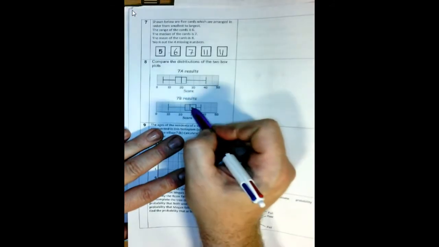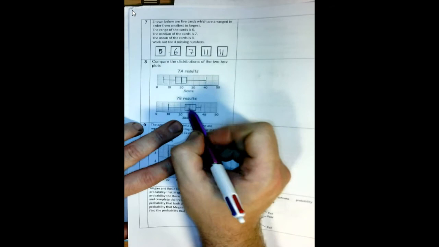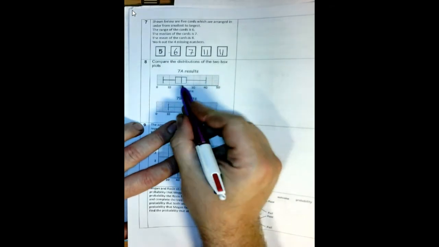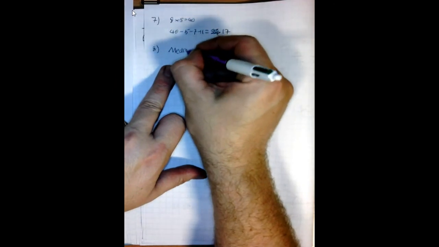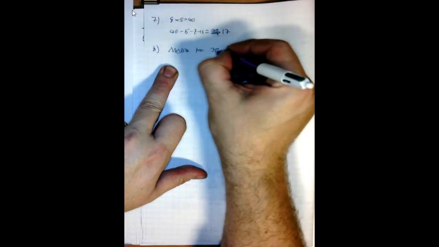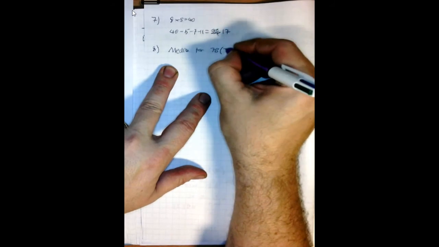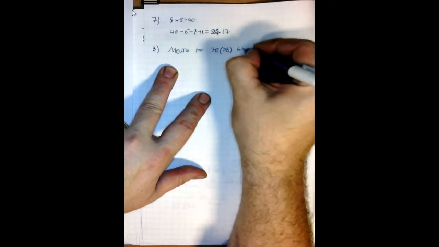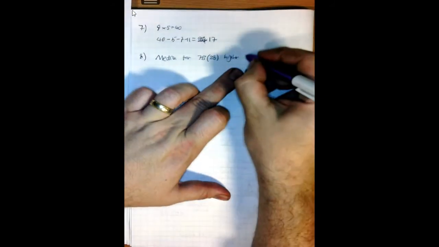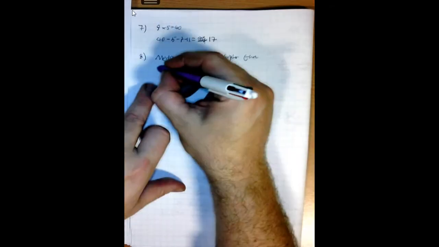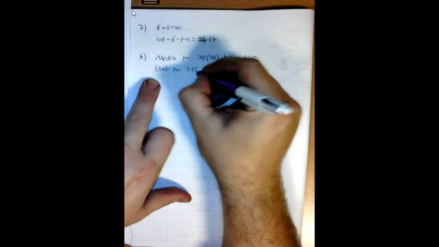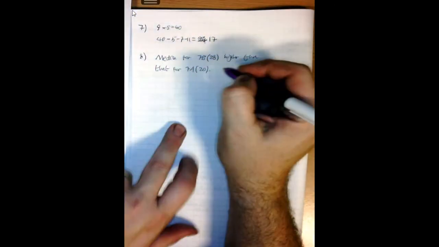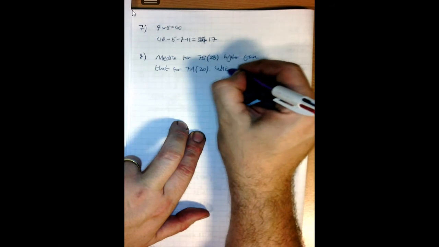Number 8. Yeah, wordy ones here. Compare the distributions. We compare two things. We compare the medians. So 7b's median is higher than 7a's median. So we write that. The median for 7b, which is 28, is higher than that for 7a, which is 20.